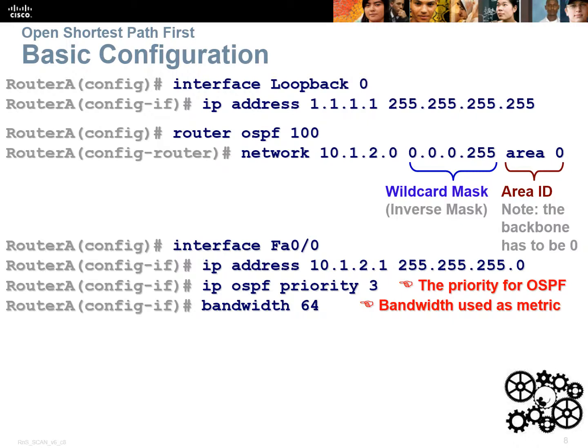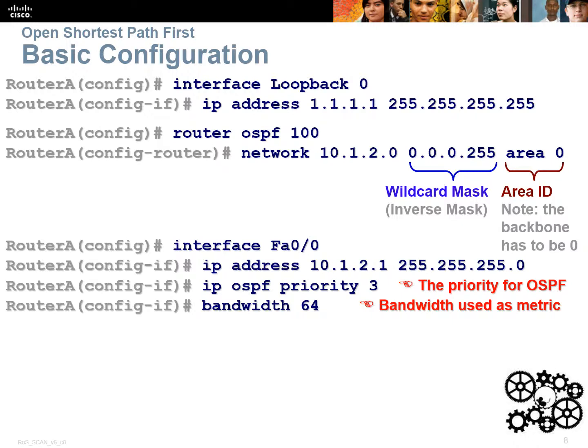Interface. We're in interface mode now, so put an IP address 10.1.2.1 and the mask. Now, IP OSPF priority 3, this is purely for the BDR election. We're using the priority command to manipulate that election. And exactly the same as EIGRP, we're using the bandwidth command to trick the routing protocol into the speed of this network.